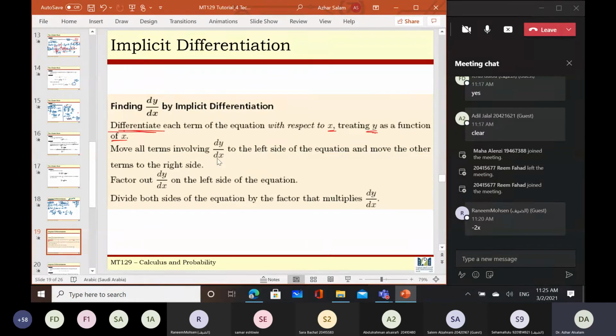Then move all terms involving y dash, which is dy by dx, to the left side and all other things to the right side. Then I factor out dy by dx, putting dy by dx alone on one side by dividing by all its coefficients so it remains without coefficients. Okay.